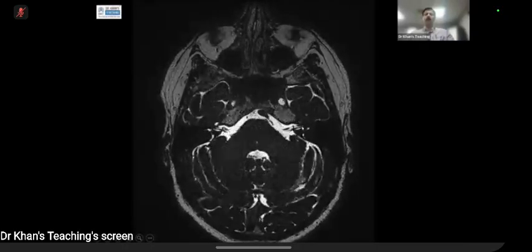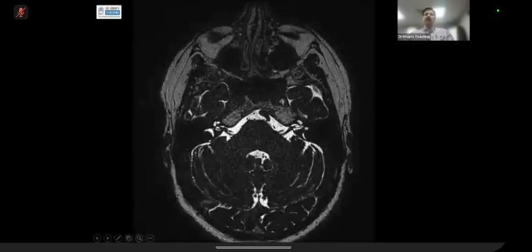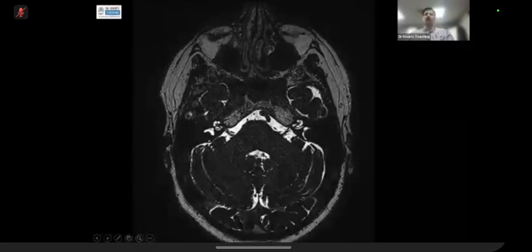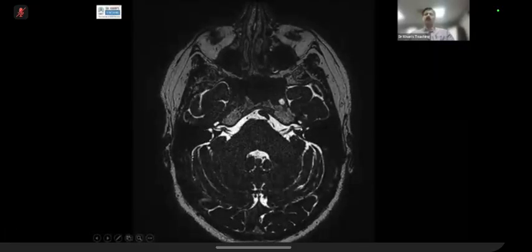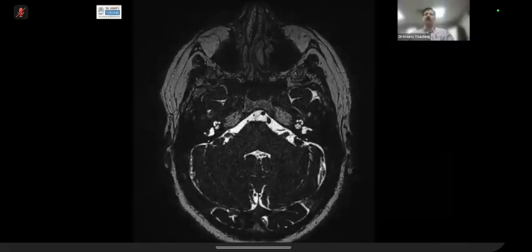But they join together and make a thicker nerve here, and then it goes into the pons. So this is the vestibulocochlear nerve, which divides into a cochlear component and two vestibulars, the superior and inferior vestibular nerves.